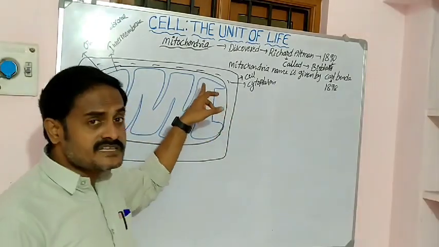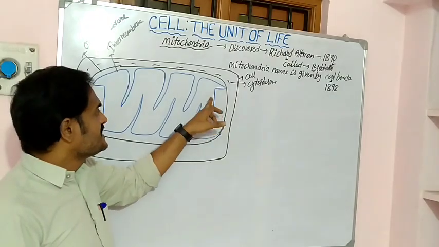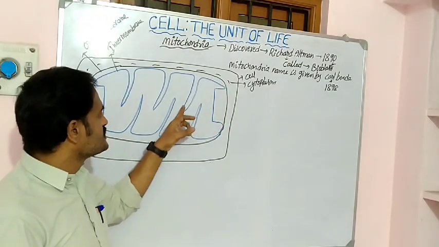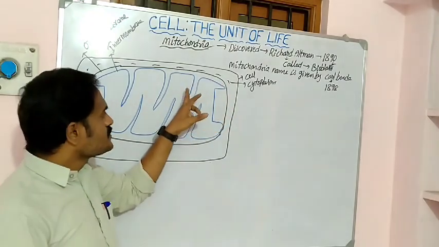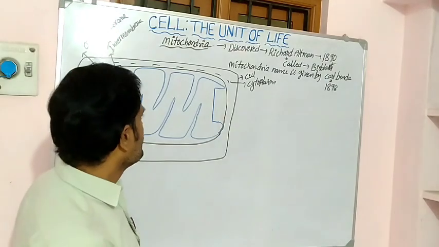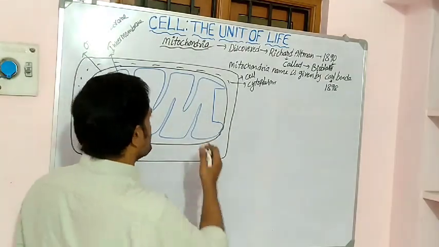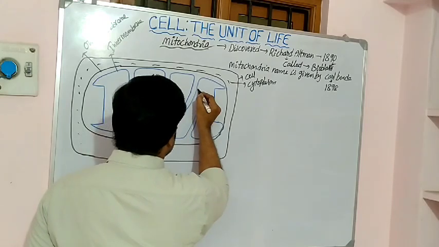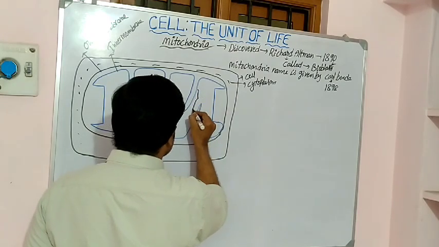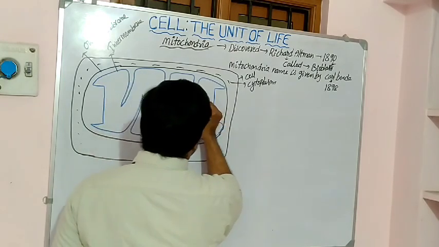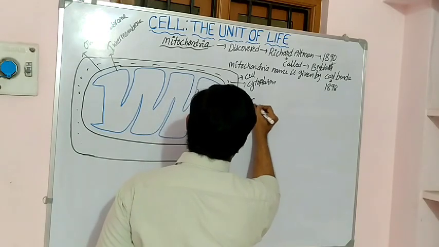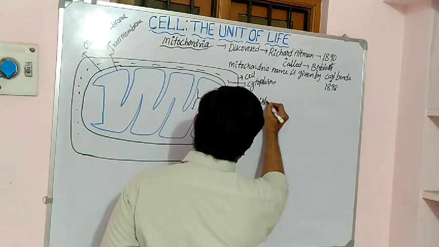But when we observe the inner membrane, it has so many folds here. These folds of the mitochondria are called cristae. Suppose this portion is one fold. This fold is called cristae.